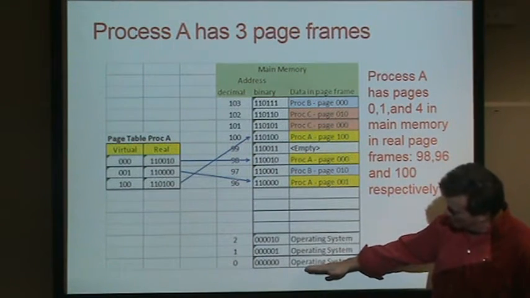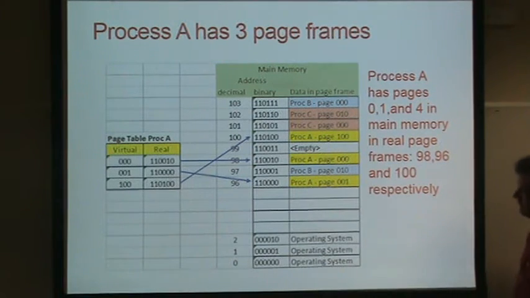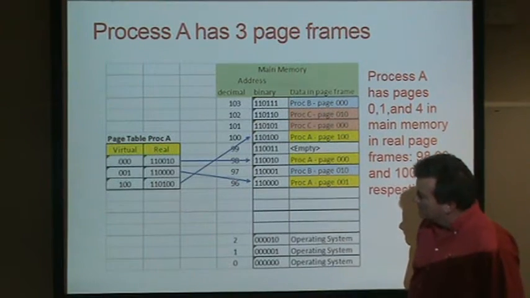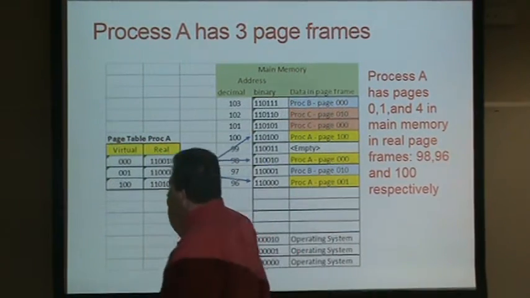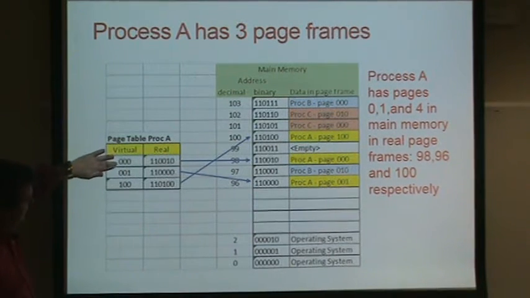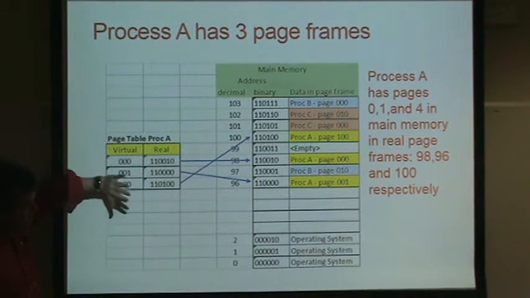So we always start with the operating system, and then we get to a point where we have storage for your process. So the page table, let's say from the point of view of your program, at this moment the operating system has given us 3 page frames to store our program.